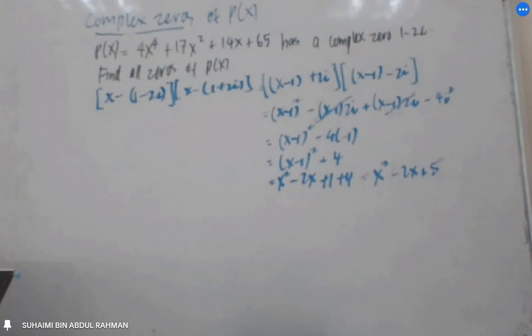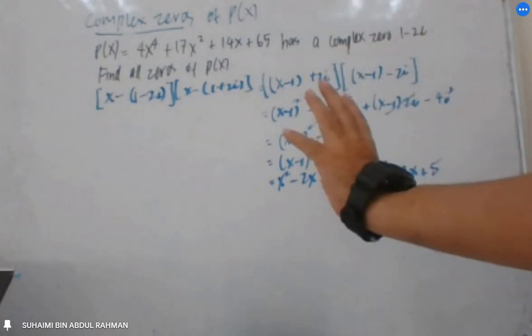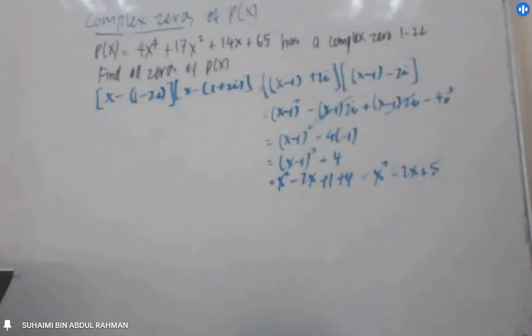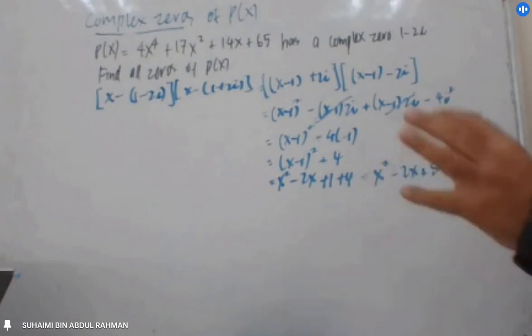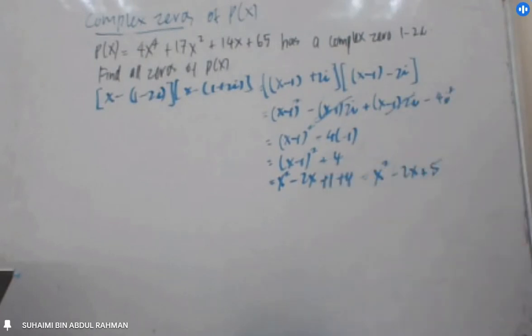Next, we want to find 2 more zeros. We already have 2 zeros, but we want to find 2 more. How do we do that? We have to do long division.